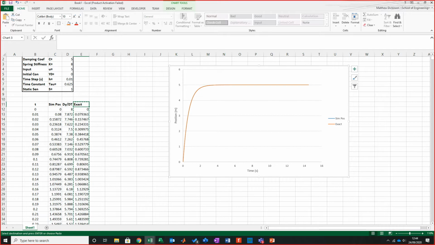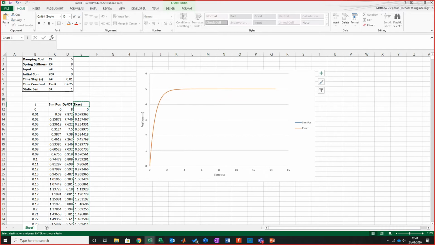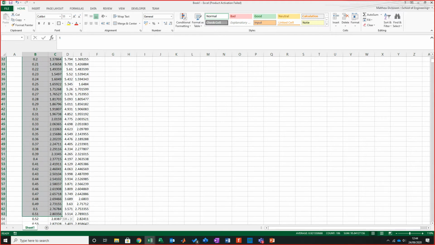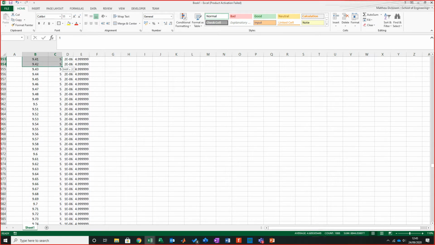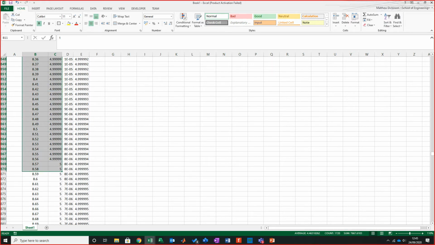Now, provisionally looking at that, you kind of look and go, wow, yeah, it's pretty good. So let's just measure between, let's have a look, where are we sitting? Let's just get to there, where the system is just about to go steady.